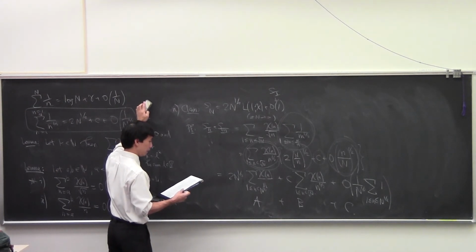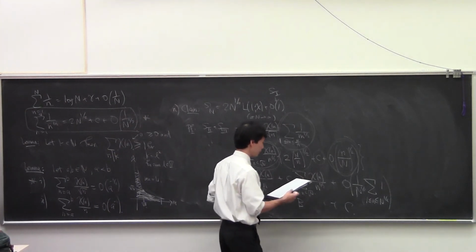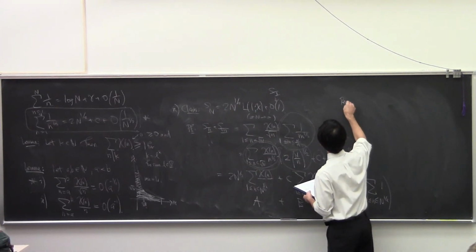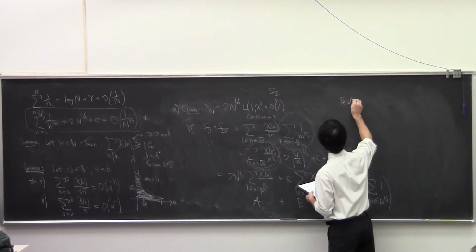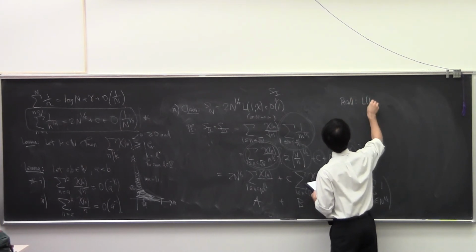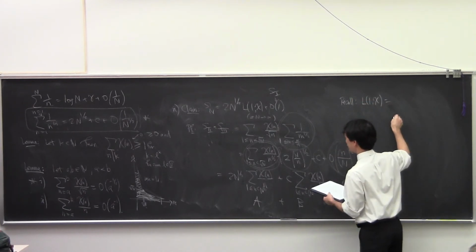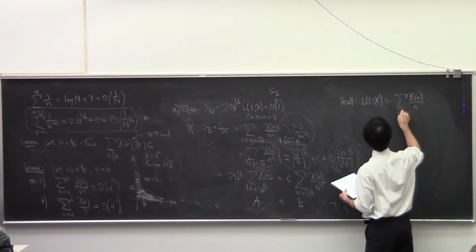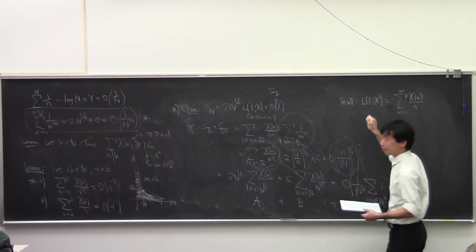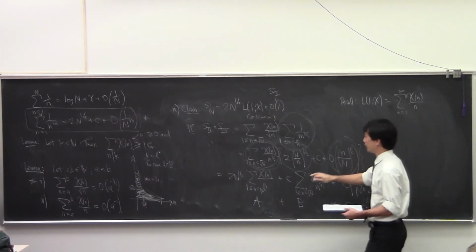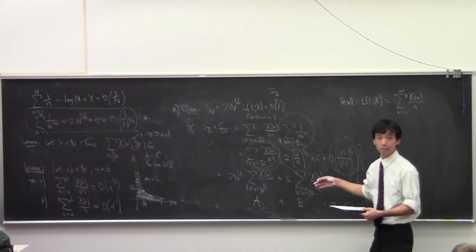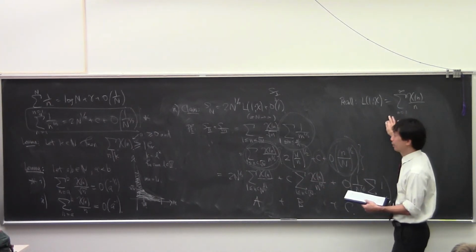Call L1 chi the sum of these guys from 1 to infinity. So if we look at this thing, this is L1 chi minus the tail term.